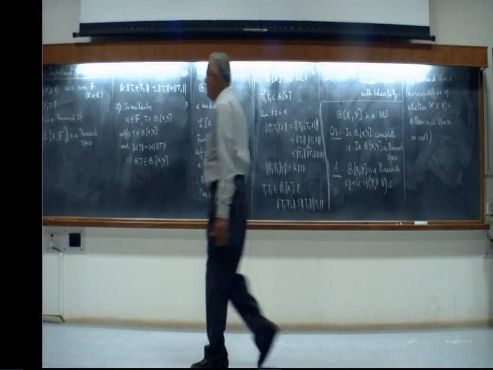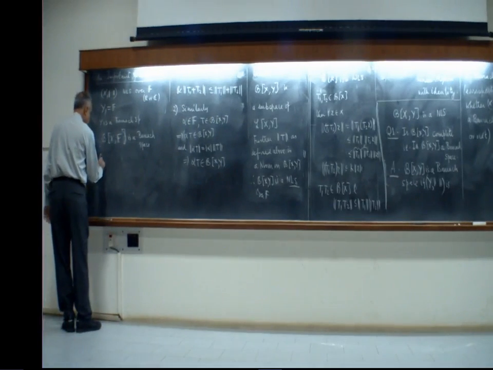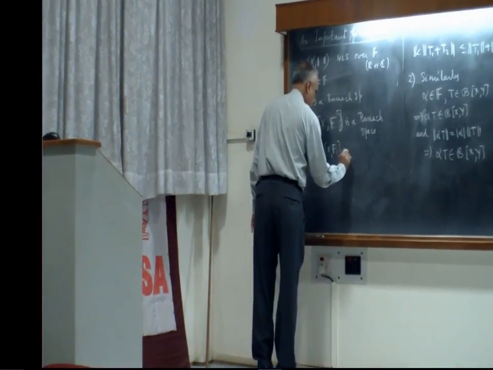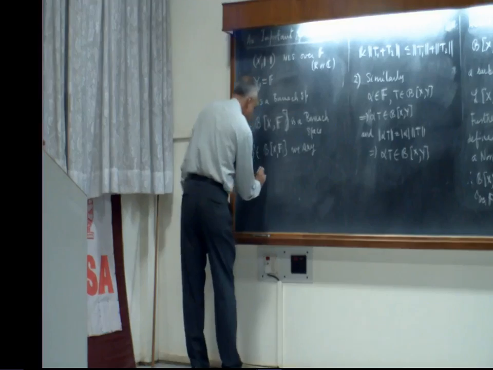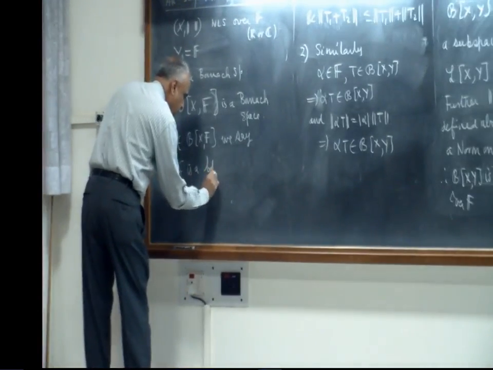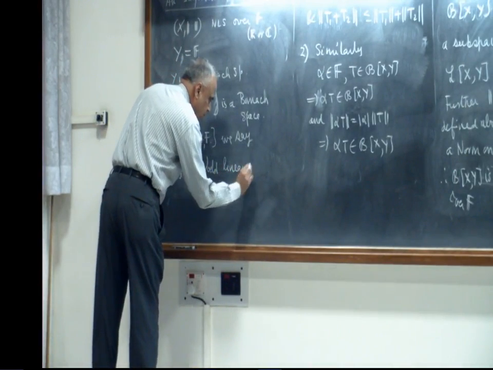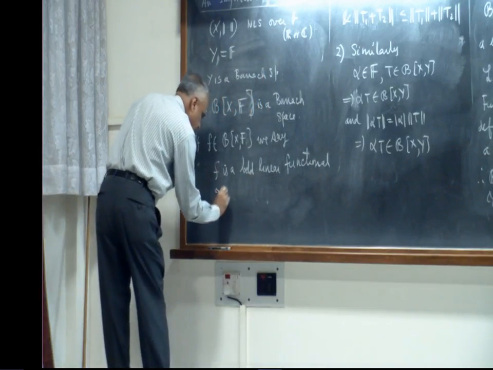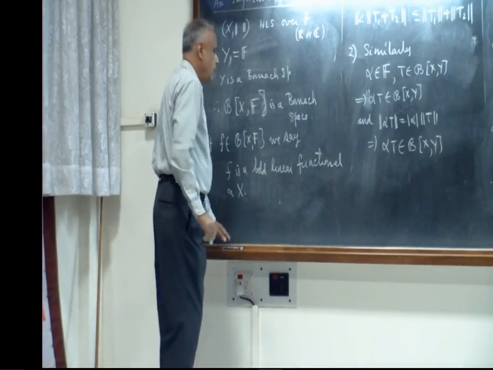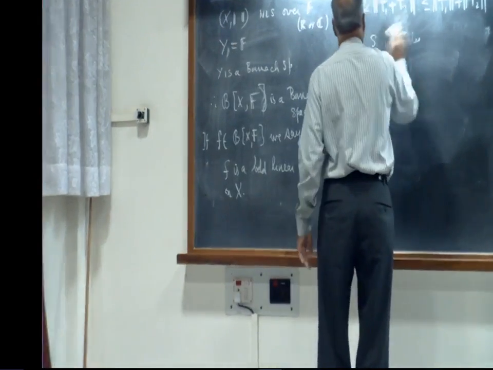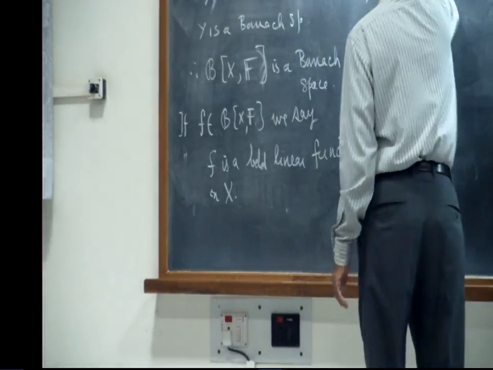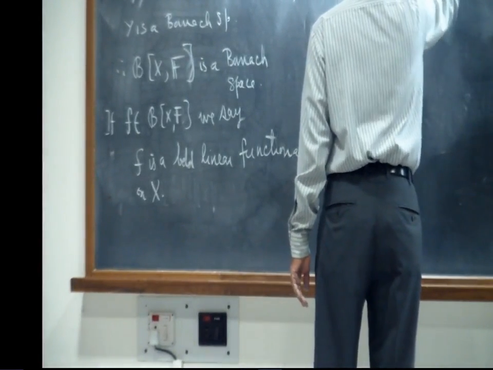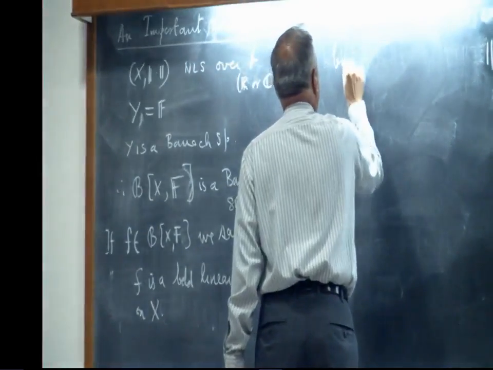So, if f belongs to B(X,F), we say f is a bounded linear functional on X, and we denote the collection of all bounded linear functionals by X star.